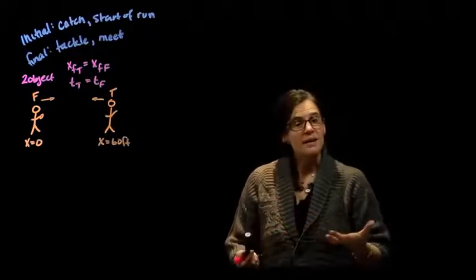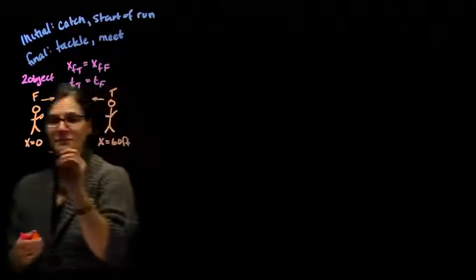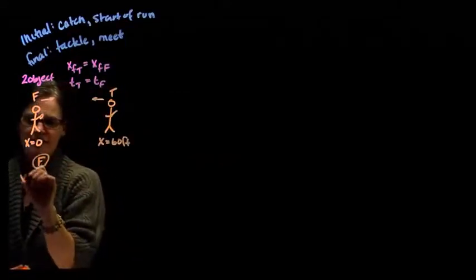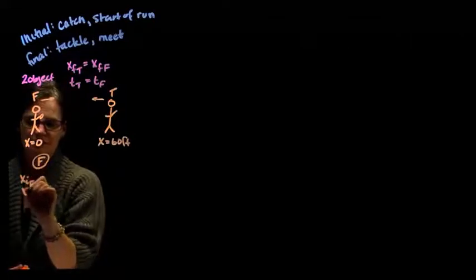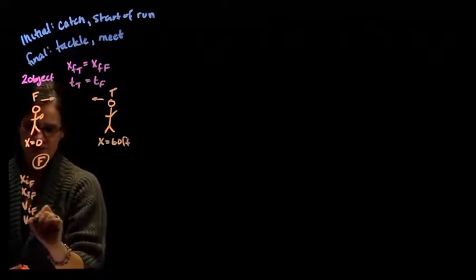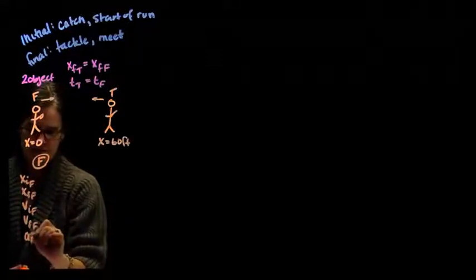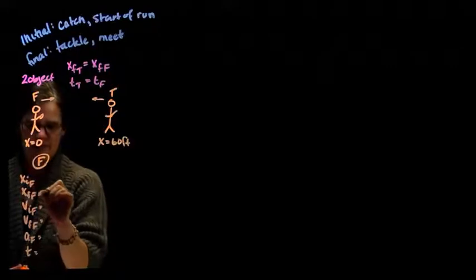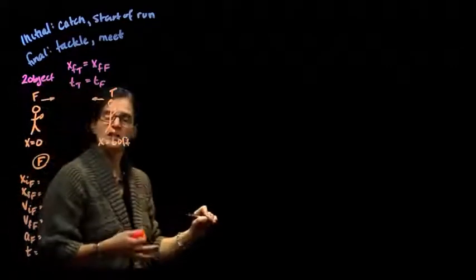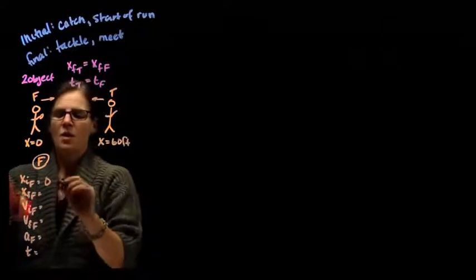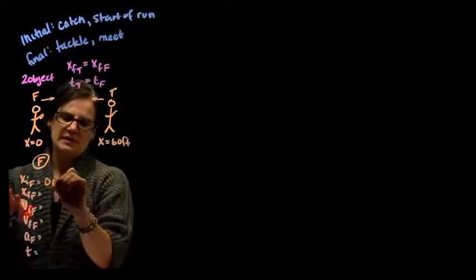Okay, now we make our lists. So we have two objects, two lists. So here's Fred: x initial, x final, v initial, v final, acceleration, and time. All right, so when the catch is made, where is the position of Fred? He's right at 0 feet.